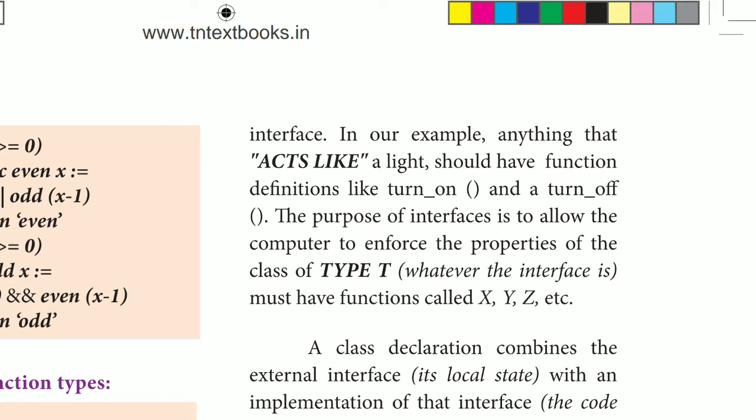If you are using this light as a function, then you need two important functions, which are light on, turn on the light, and turn off the light. These are the two important functions that have to be used when you are using the light property in your function. Likewise there are so many examples in your day-to-day life.